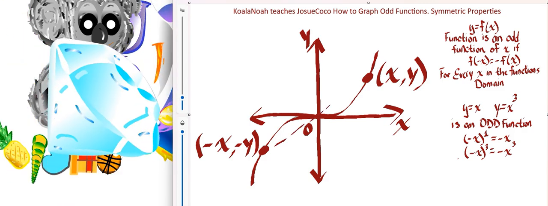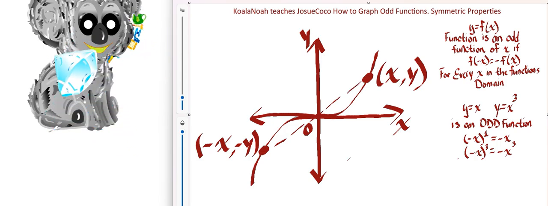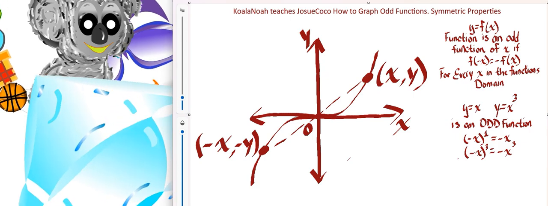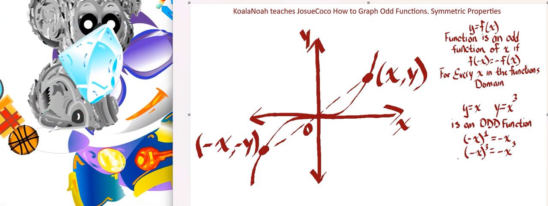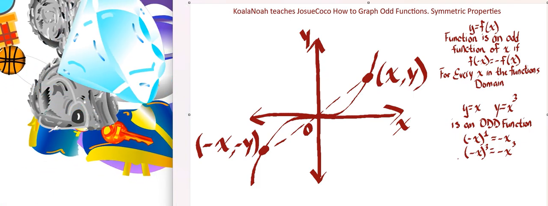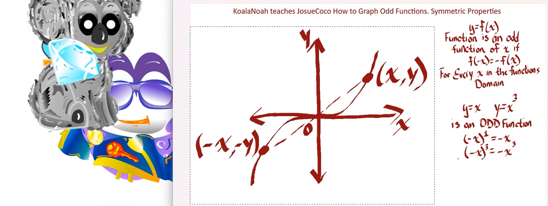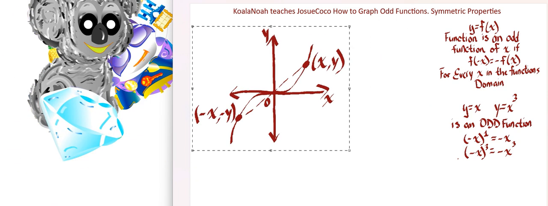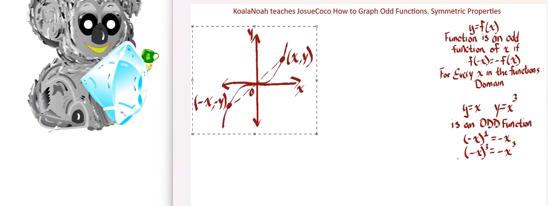Let's draw a linear line through the origin and define the symmetric property as symmetric about the origin.